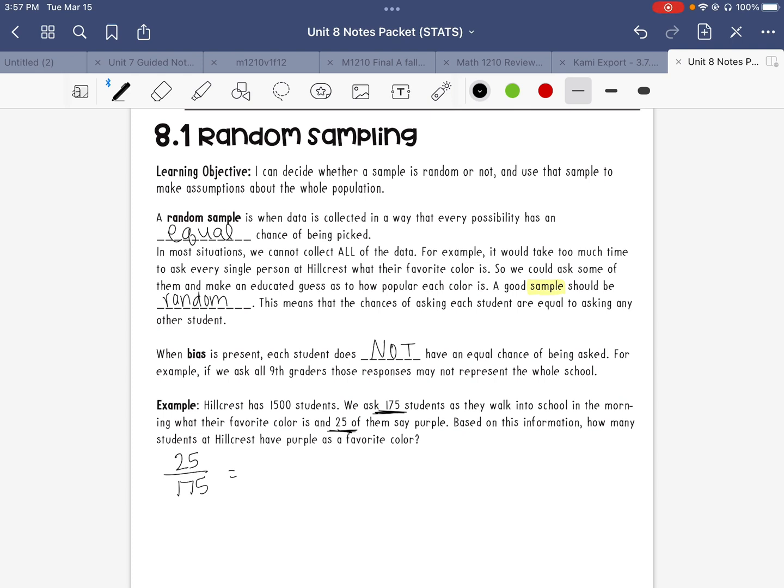I don't like leaving 25 over 175 because that is a reducible fraction. So I would say just go ahead and reduce the fraction, and that's fine. So this would be equivalent to 1/7. So we're saying that 1 out of every 7 students at Hillcrest has purple as their favorite color. If you wanted to put it into a decimal or a percentage, it would be 0.14 or 14%.